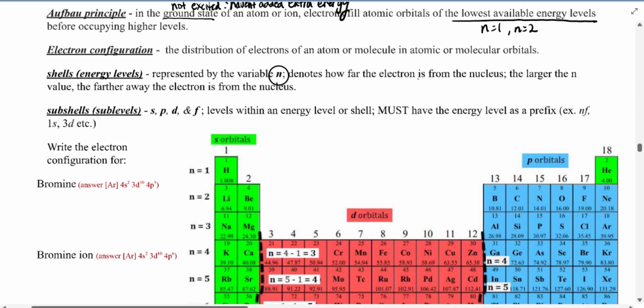The larger the energy level value, n, the farther away it is from the nucleus. So n equals 1 is the closest to the nucleus, and farther away is energy level 2.